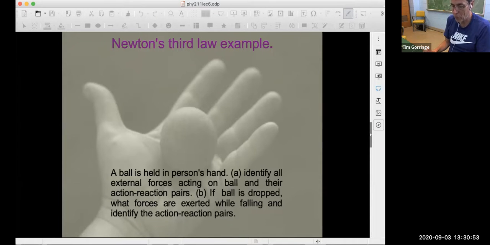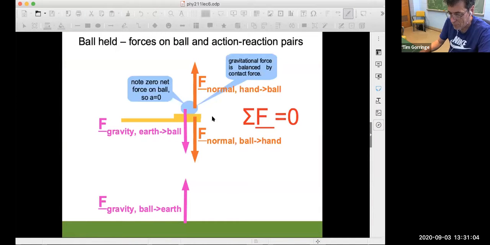So two parts to this problem. You're holding the ball, you've dropped the ball. You're holding the ball, what are the forces? And what are the action-reaction pairs? You drop the ball, what are the forces? What are the action-reaction pairs? So a simple question. Okay, so in this slide, I'm answering what are the forces on the ball when the ball is held.